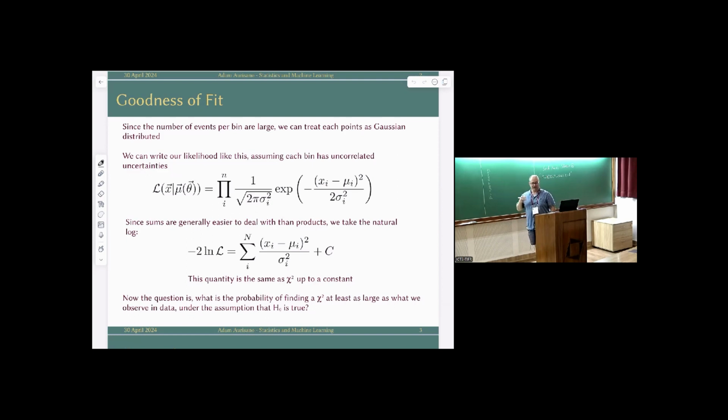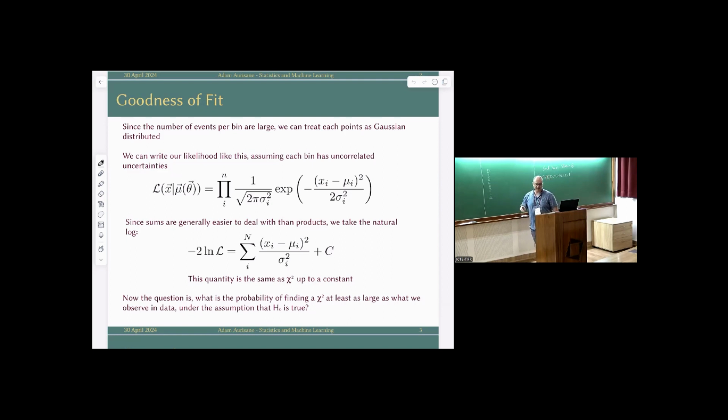Now, one of the things we often wind up doing with likelihoods, mostly just because sums are easier to deal with than products, is we take a natural log of it. We also, in fact, almost always take -2 times the natural log of likelihoods.